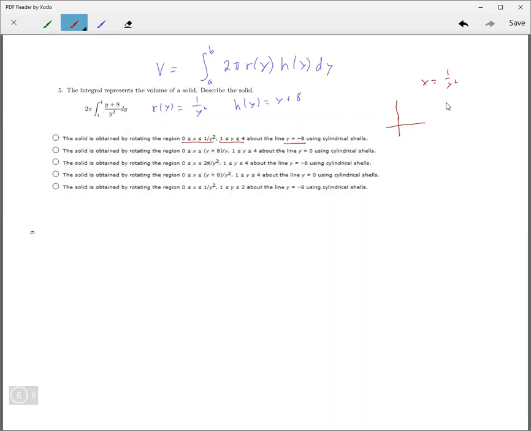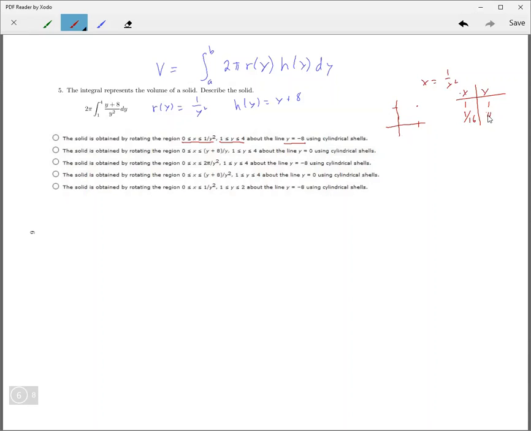Let's see, when y is 1, x would be also 1. When y is 4, x would be 1 over 16. Okay, so when x is 1, y would also be 1.